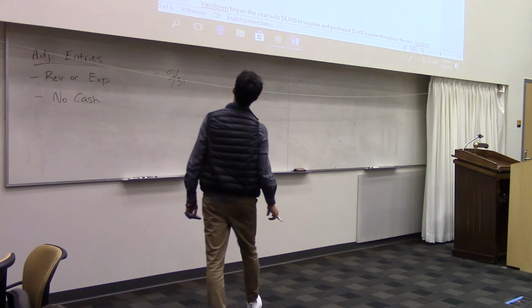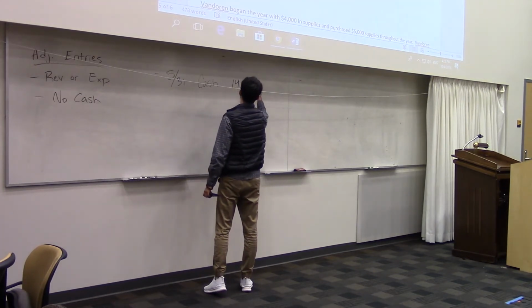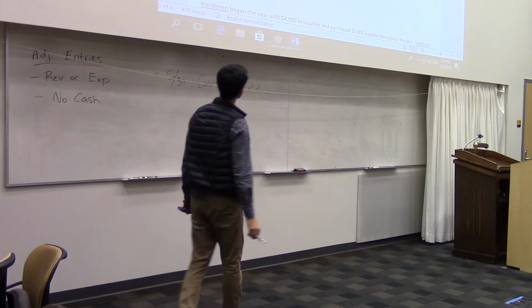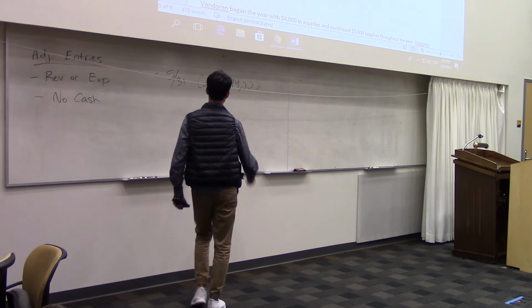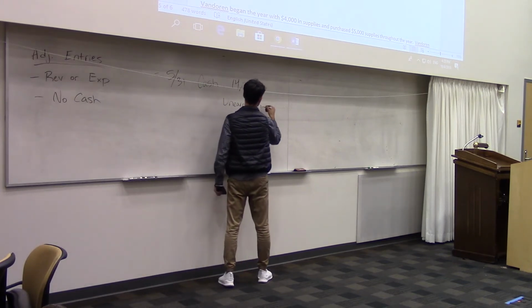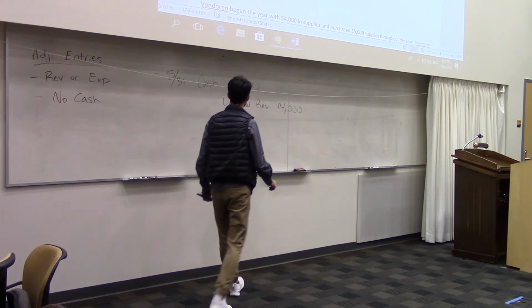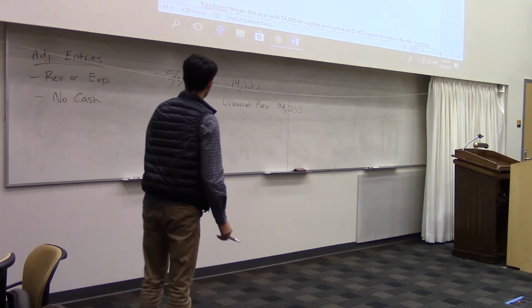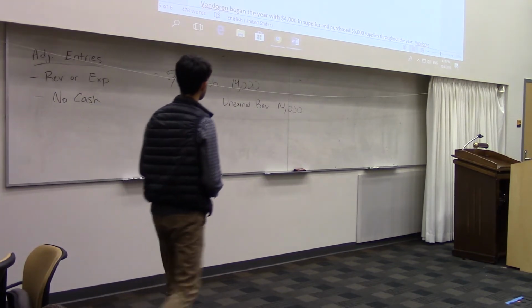Yep, cash. We got cash for 14. Unearned service revenue. There we go. So there's my original entry.